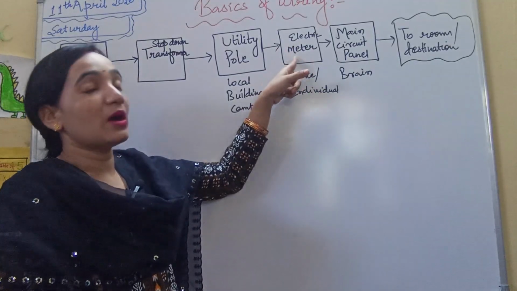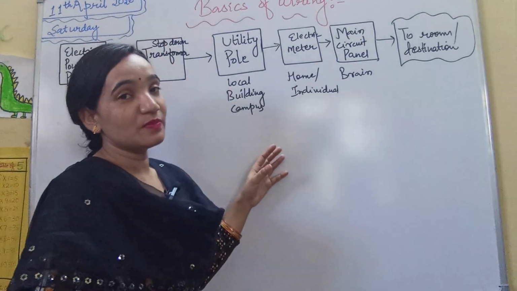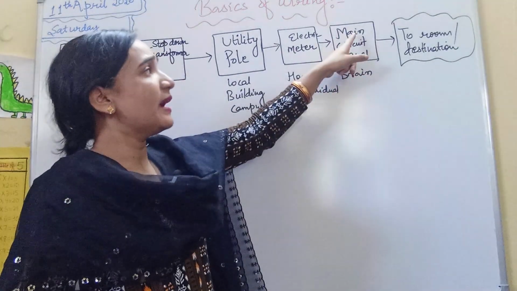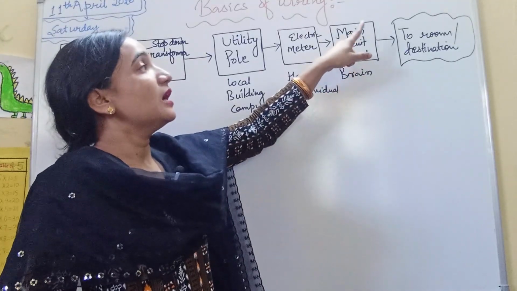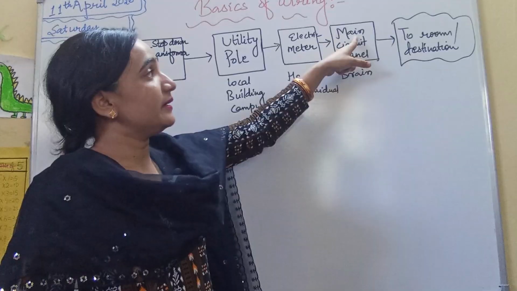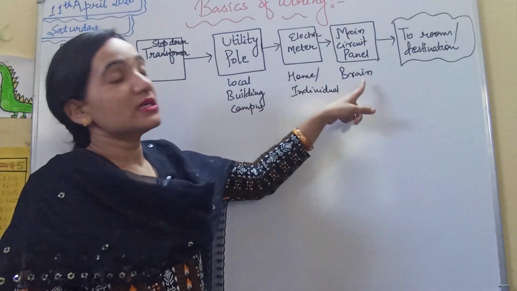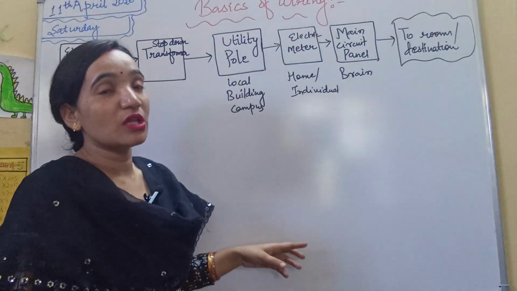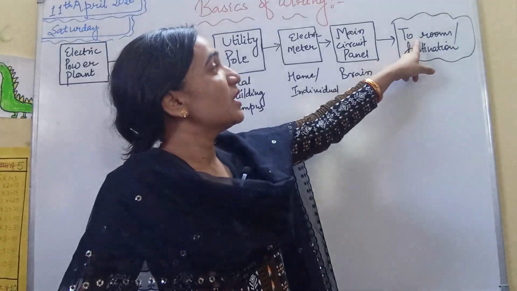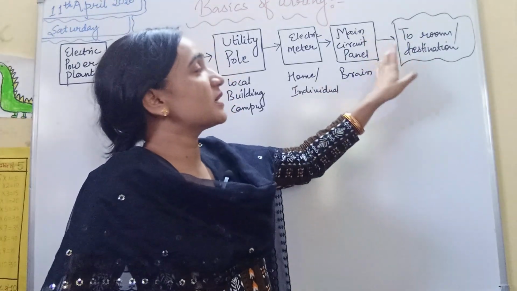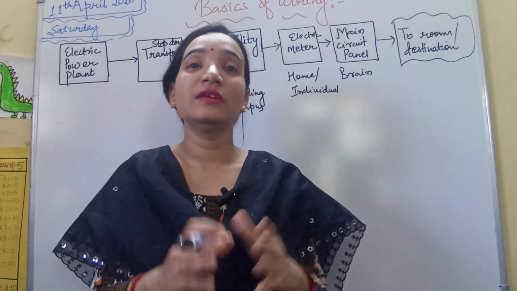It tells how much electricity a family consumes. After the electric meter, the connection enters the main circuit panel, also called the brain of the circuit, the circuit breaker, or the main switch. After the main circuit panel, it goes to the individual room or the destination where we need it.